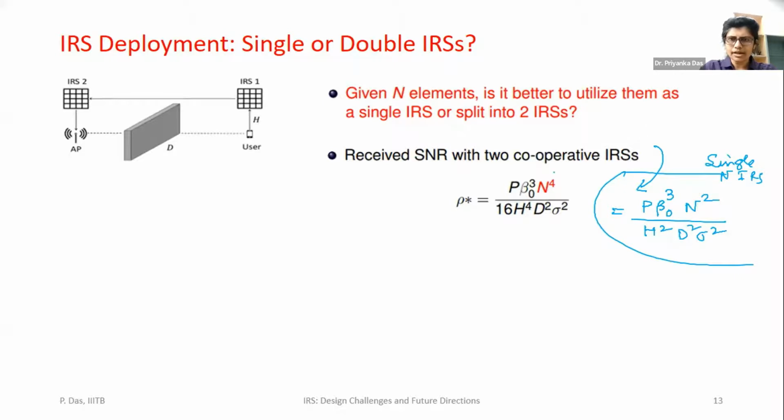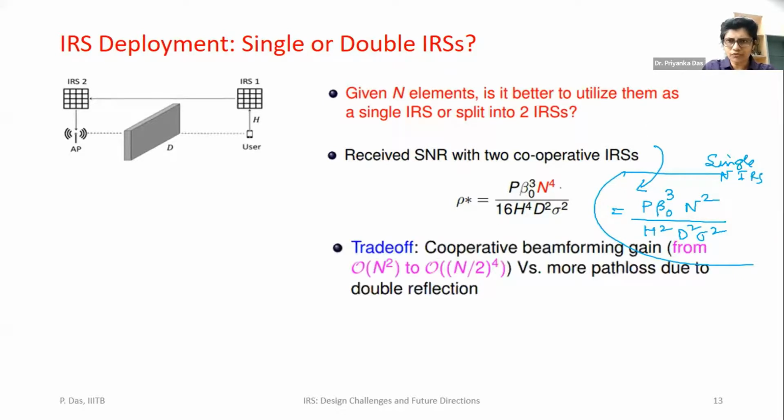What is more? You see that you have a trade-off. Now with N square, it is N to the power 4 by 16, which means N by 2 whole to the power 4. From h square d square, I went up to h to the power 4 d square.